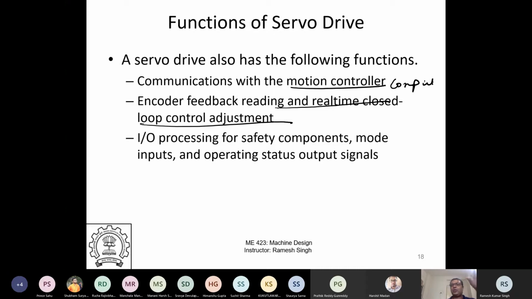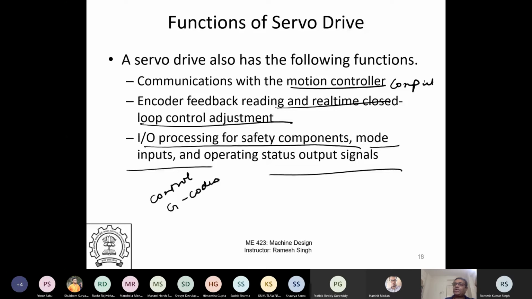Commands are given by your interpolator, which is basically your control software in which you write G codes. Those G codes are processed and commands are given to the servo drive. If you want it to go from point A to point B at a certain speed, you write it in your computer in the form of G codes.